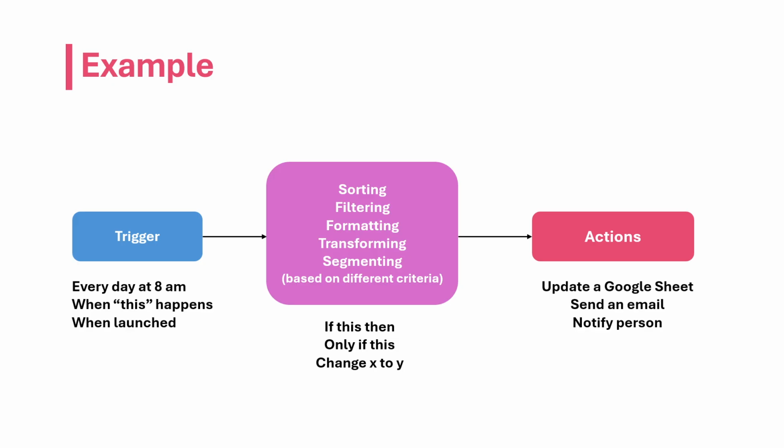Then comes our sorting, filtering, formatting, transforming, and segmenting based on particular criteria. So it generally means the filter. All these things are covered in the filter section. So if this happens, if this is present, then this thing will be generated, like if 10 people are there, then they will get a certain percent of discount.